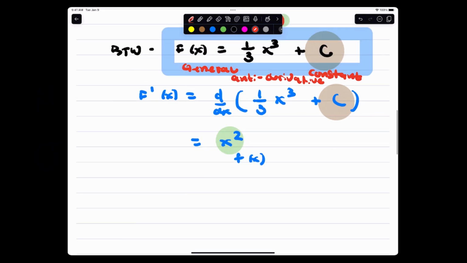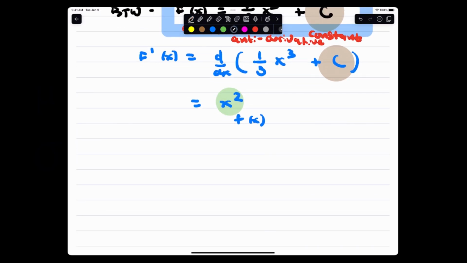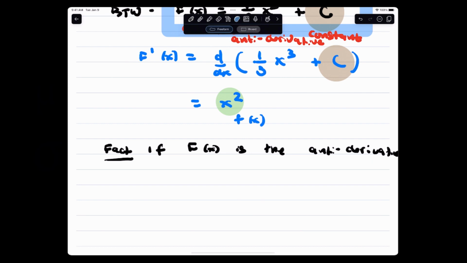And so your book will give you a fact here really fast, and you start that section, and it says this. It's the general form of the antiderivative. They call it a theorem. And they say it this way. If big F of x is the antiderivative, always run out of space.